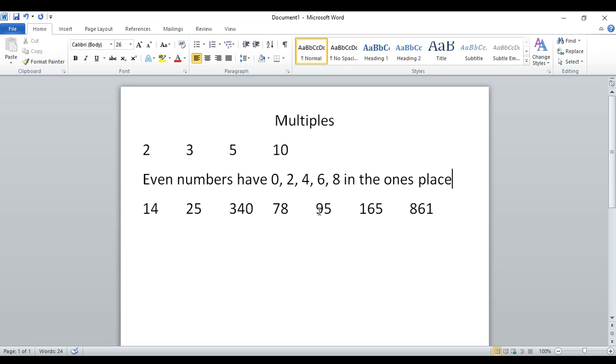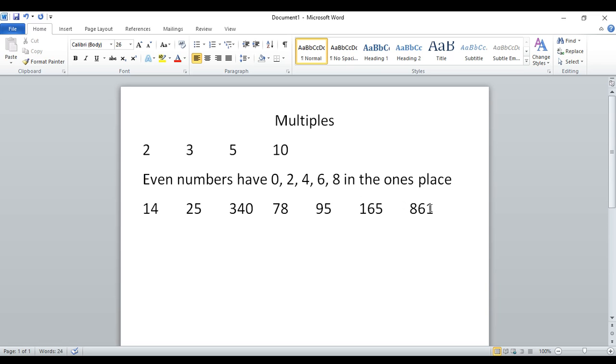95. Is 95 a multiple of 2? It is not even. It has a 5 in the ones column, so it will not be a multiple of 2. What about 165? Again, it ends with a 5, which is not an even number, so it will not be a multiple of 2.